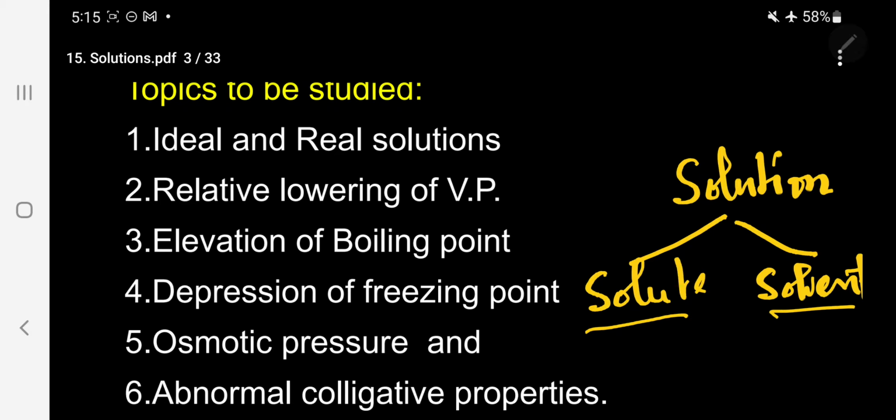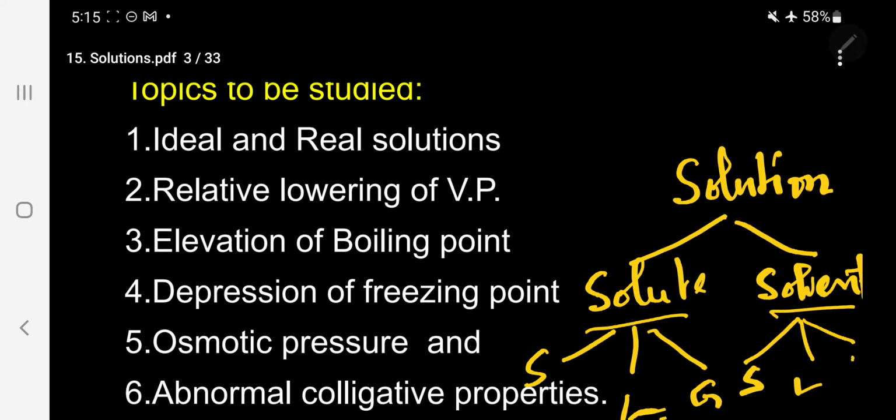The solute may be a solid, may be a liquid, may be a gas. The same way, the solvent may be a solid, may be a liquid, may be a gas. Except for gas mixtures, all other things we will call a solution.